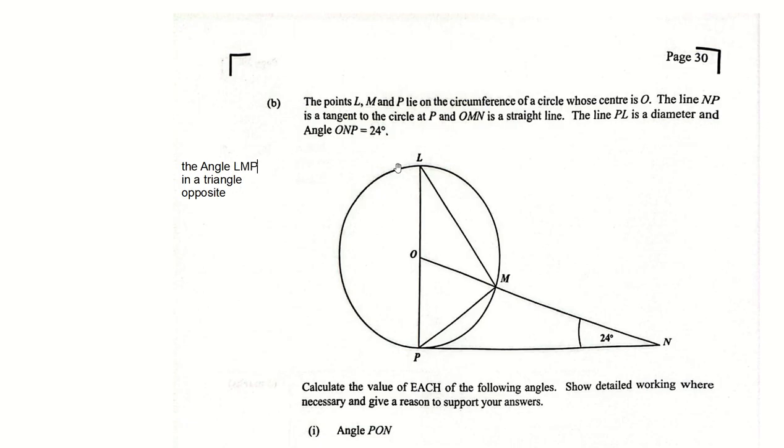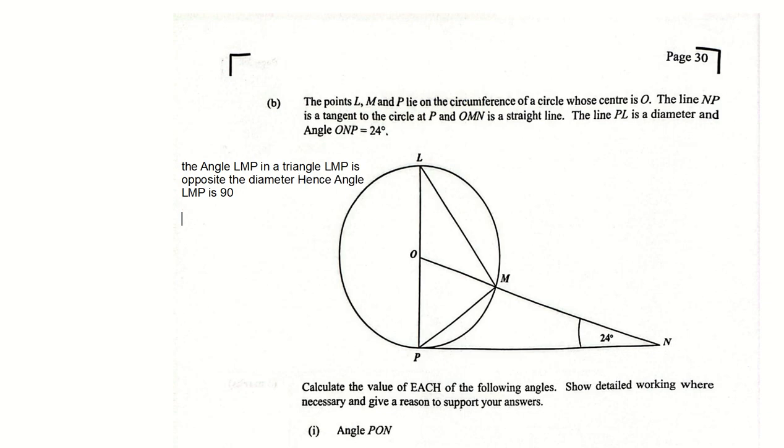So angle LMP in triangle LMP is opposite the diameter, hence angle LMP is 90 degrees. Right, that is the first rule that I have seen so far.